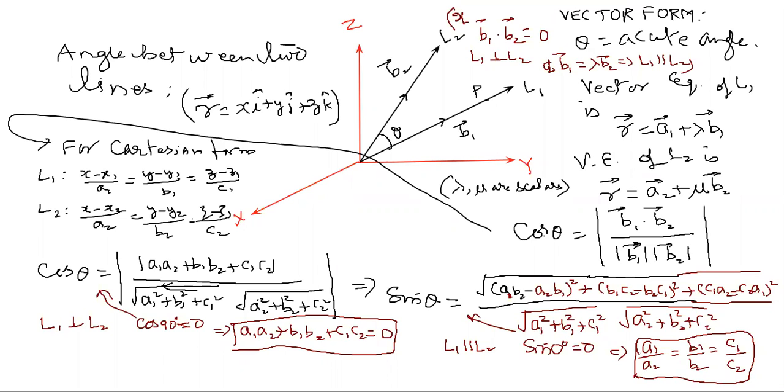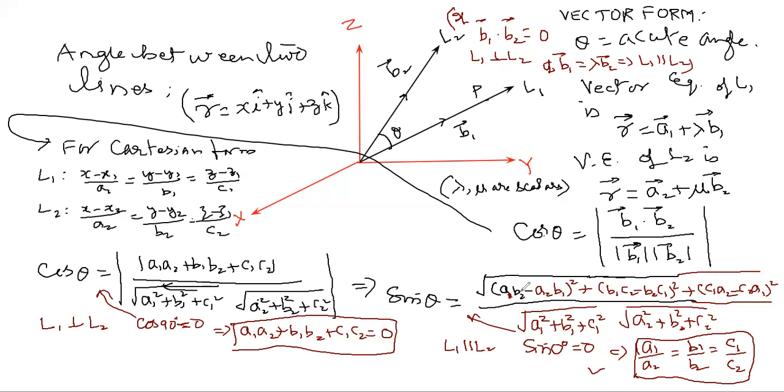Where are you asking? Yes, A1 B2 minus A2 B1. Got it? For L1 parallel to L2, A1 upon A2 is equal to B1 upon B2 is equal to C1 upon C2.